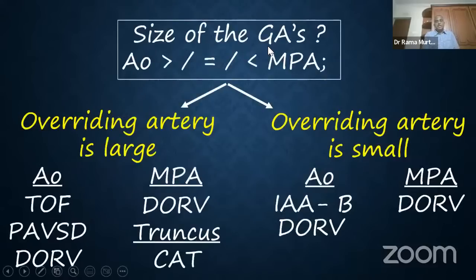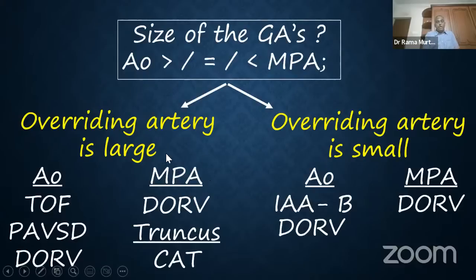Now, what about the size of the great arteries? Aorta could be greater than, equal to, or lesser than the main pulmonary artery. The overriding artery is generally large, as a rule. And if the overriding artery is the aorta, you have a large aorta in TOF, PAVSD, and certain types of DORV.